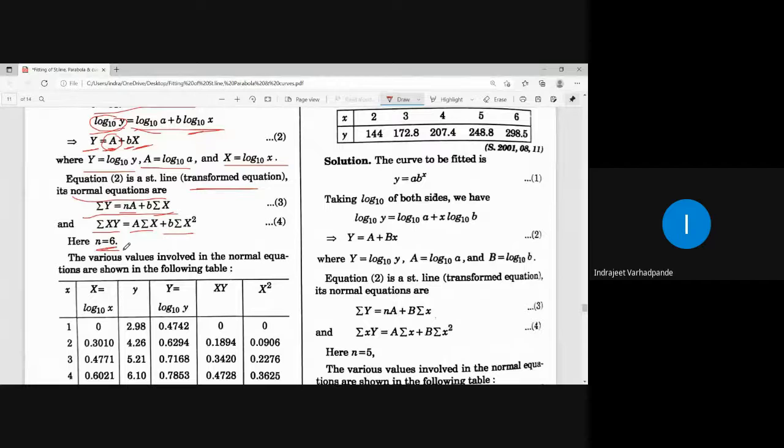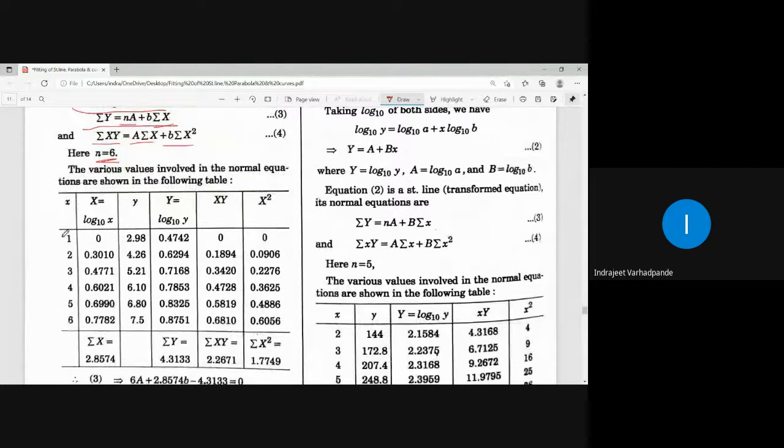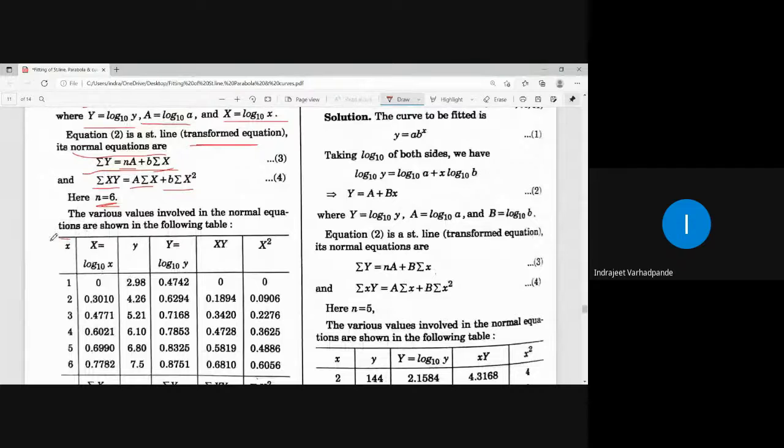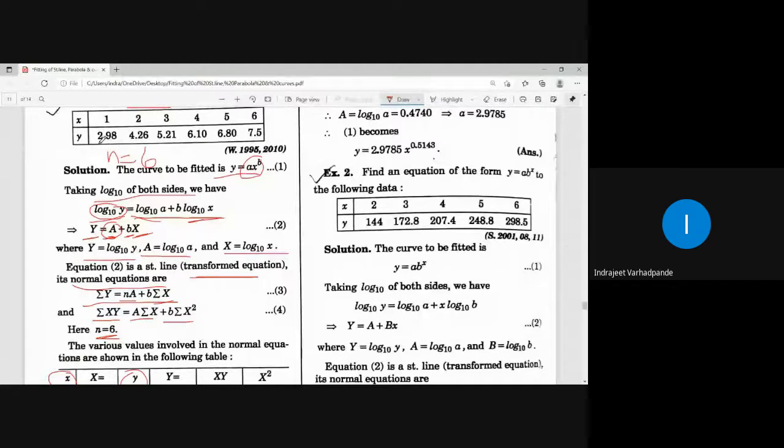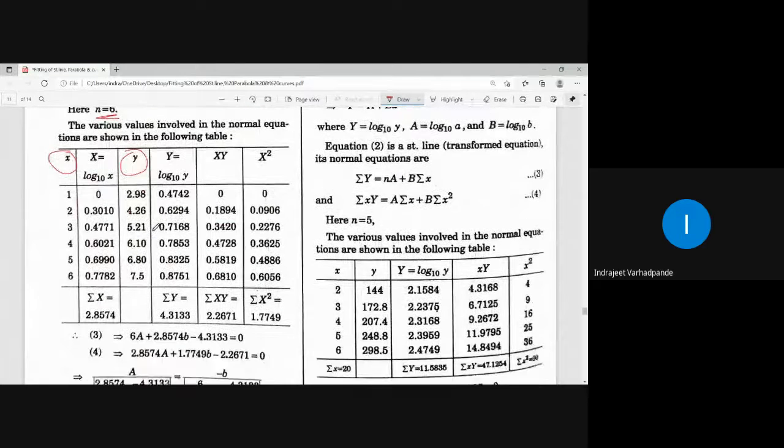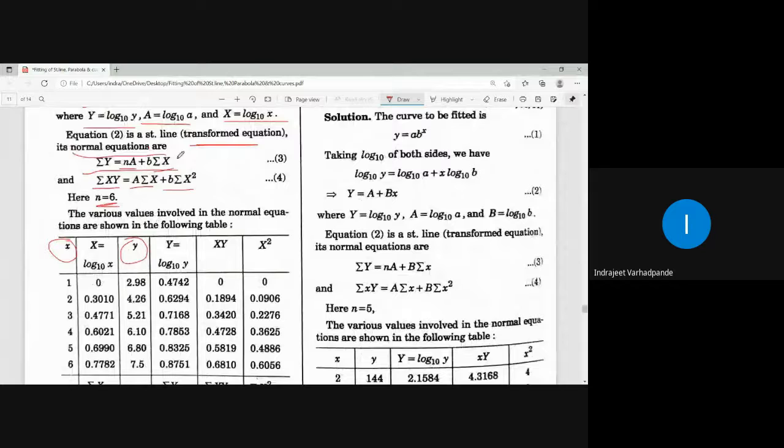So the various values involved in the normal equations can be obtained by tabular representation. So make the table. What is the table? Small x is provided: 1, 2, 3, 4, 5, 6. Small y is provided: 2.98, 4.26, etc. But I am no more concerned with small x and small y.